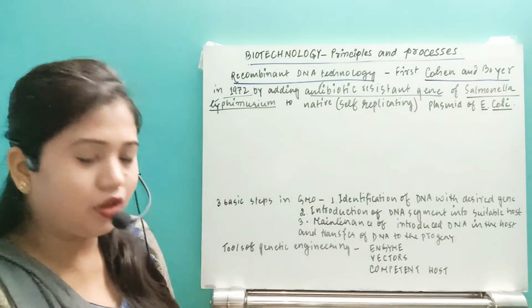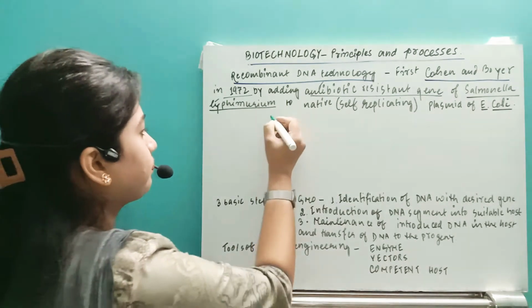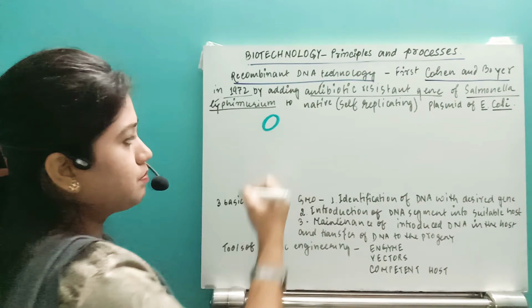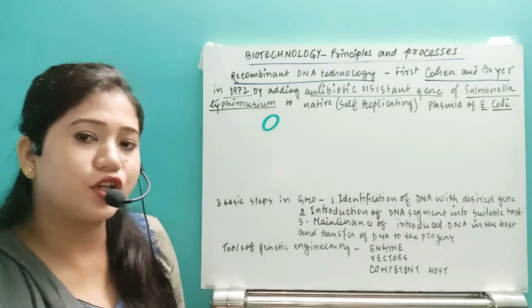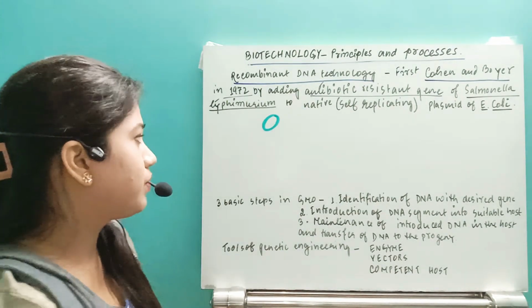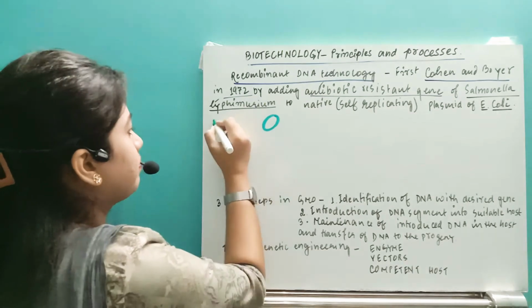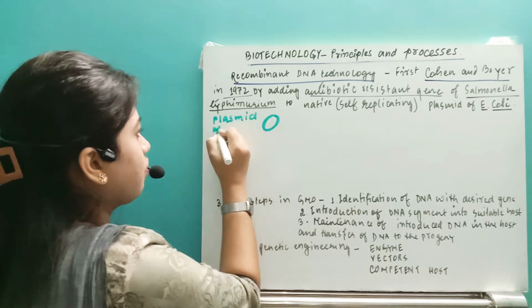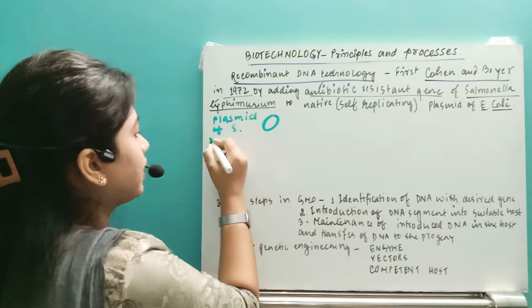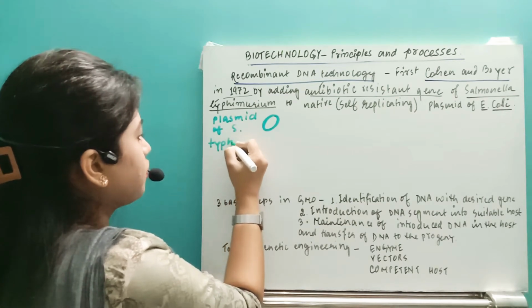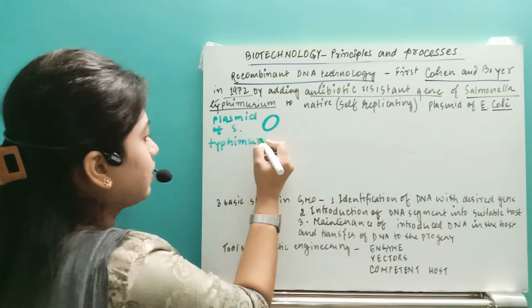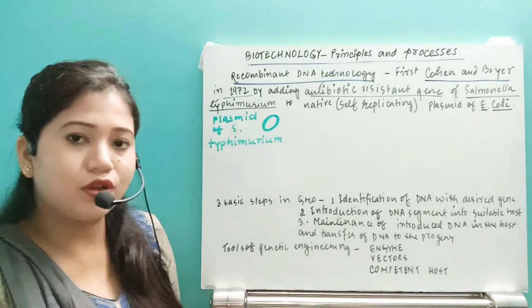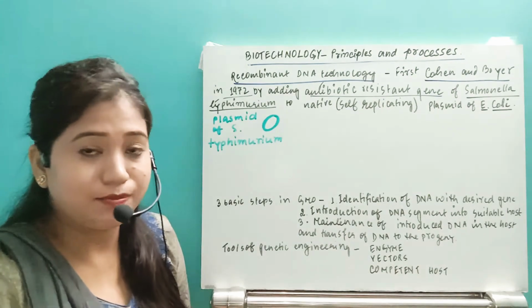So first of all, it is the plasmid. A plasmid is circular DNA, all of us know. So this is the plasmid of Salmonella typhimurium, right? This Salmonella typhimurium has circular DNA, which is also known as the plasmid.